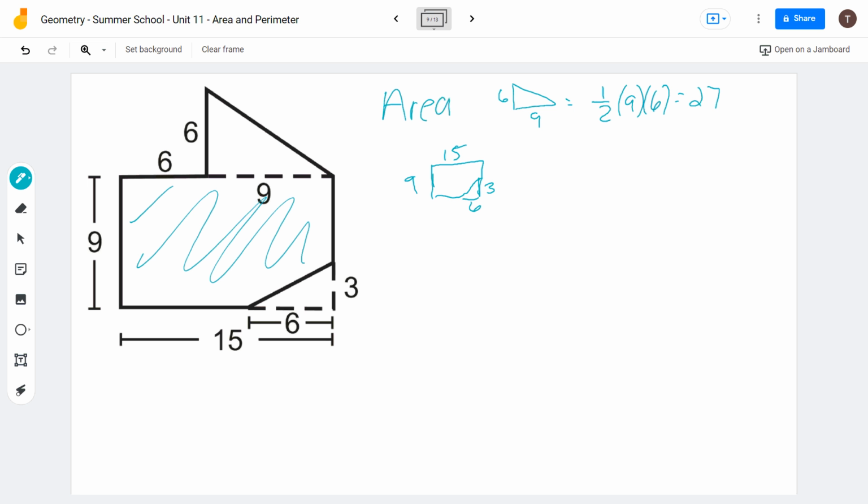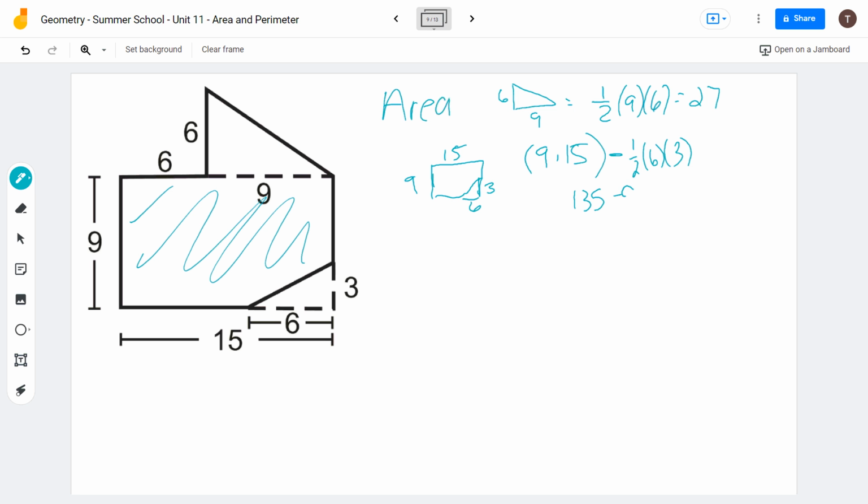So I'm going to do the area of the rectangle. That would be 9 times 15. But then from that, I'm going to subtract that triangle, because I just want the shaded-in part. So 9 times 15 is 135.